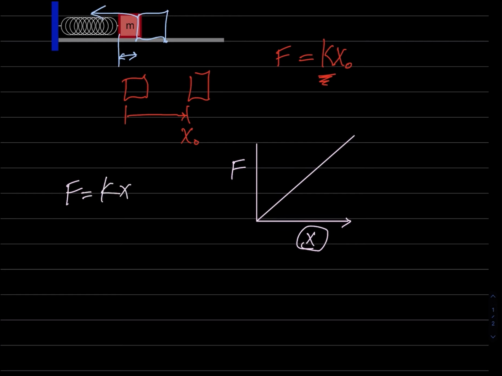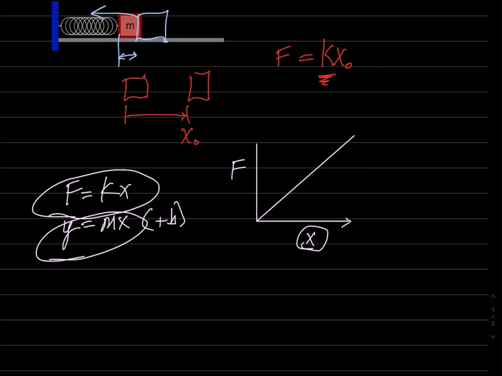Now that looks very much like the equation for a line. y equals mx plus b, right? We know that. So this is the equation of a line if F, the force, is on the y-axis and x is on the horizontal axis.